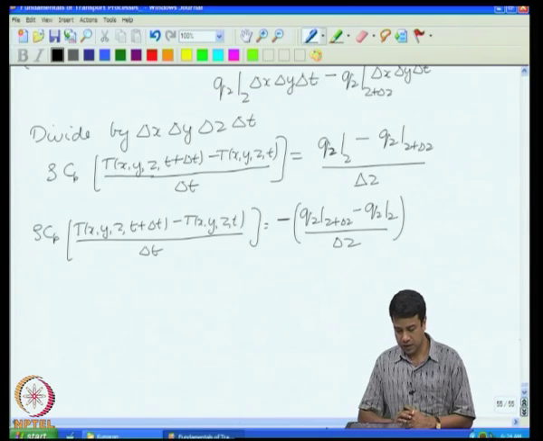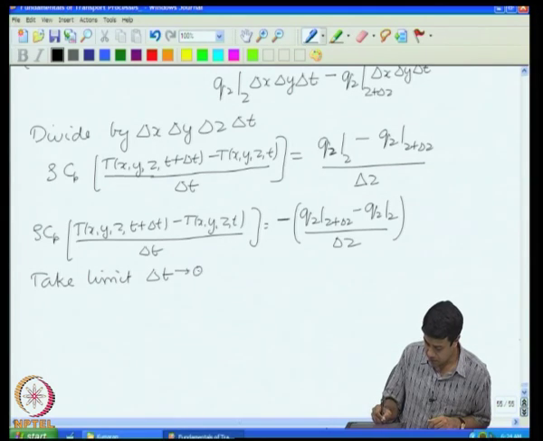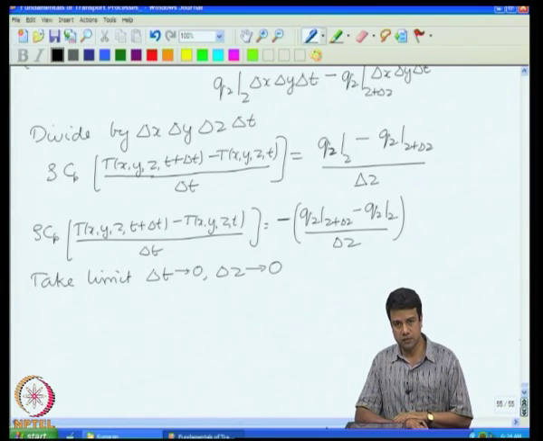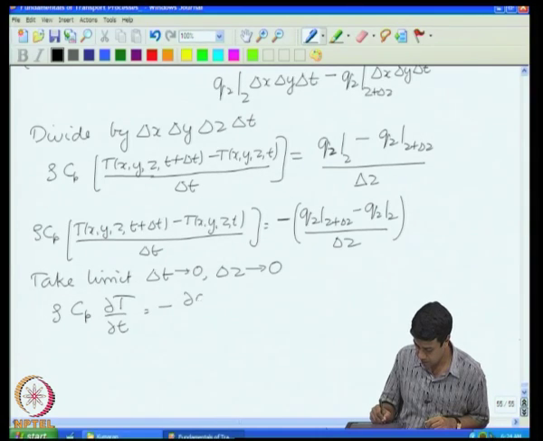And I take the limit of both delta t going to 0 and delta z going to 0, and my final equation becomes rho Cp partial t by partial t is equal to minus partial Qz by partial z.